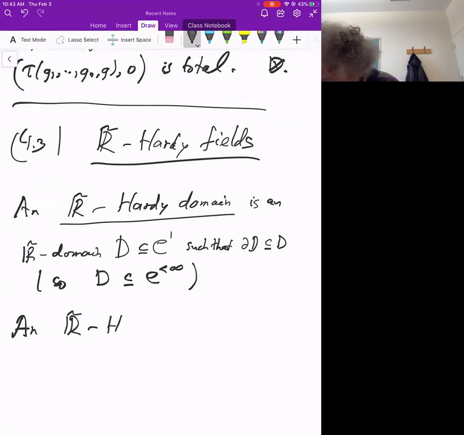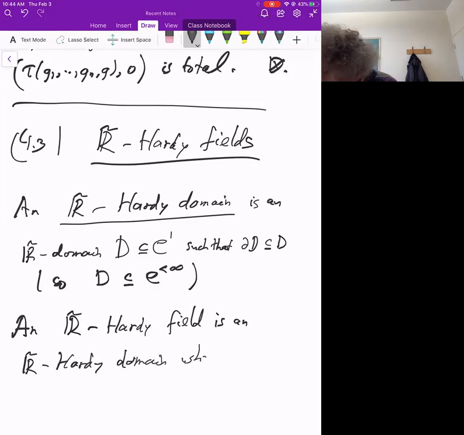An R tilde Hardy field is an R tilde domain, a subring of script G or script C if you want, whose underlying ring is a field.